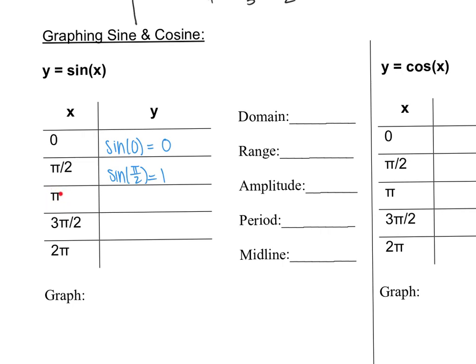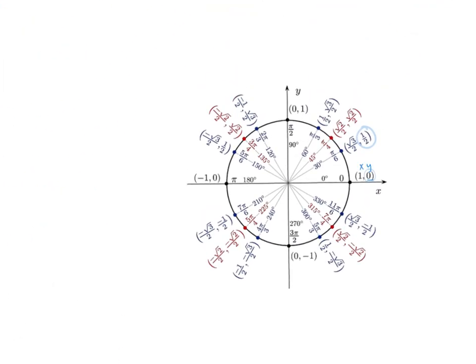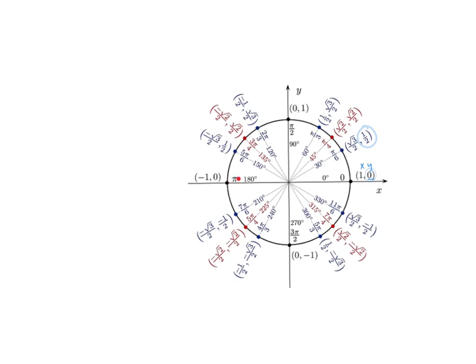For sine of pi, let's take a look at our unit circle and see what that gives us. If we go back to our unit circle, sine of pi is right here. Notice that the y value here is 0. And then we find 3 pi over 2, and the sine value, or the y value, is negative 1. And then we're back to 0.